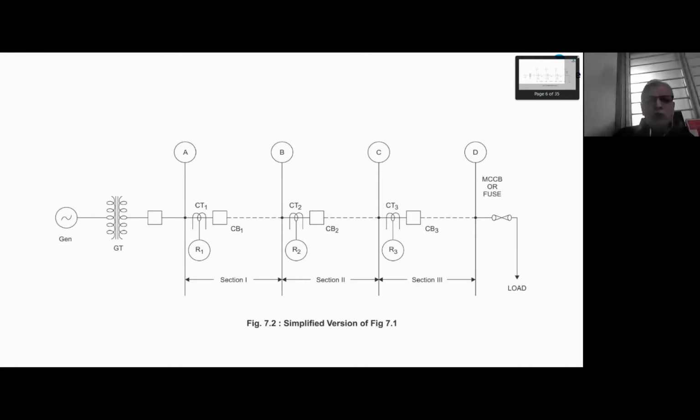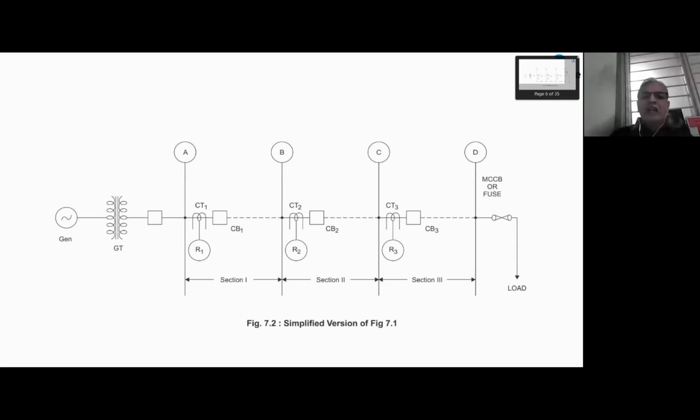That means if there is a fault at B, R1 will operate. If there is a fault anywhere between line section AB, R1 will operate. Similarly, R2 will operate for fault in line section BC. But R1, R2, R3 will instantaneously operate. The principle is simple because current is going to reduce as the fault location goes farther from source.